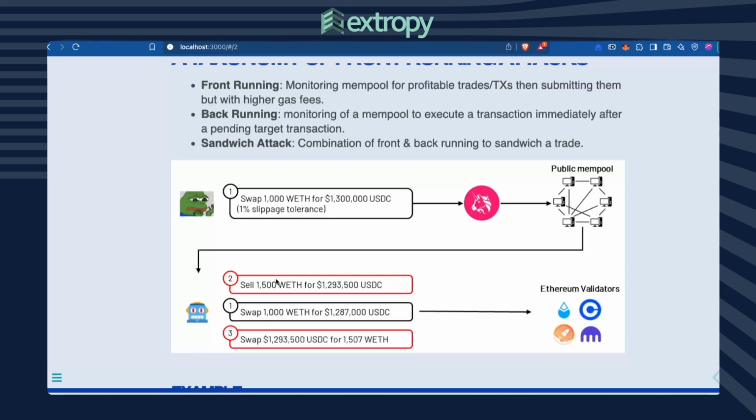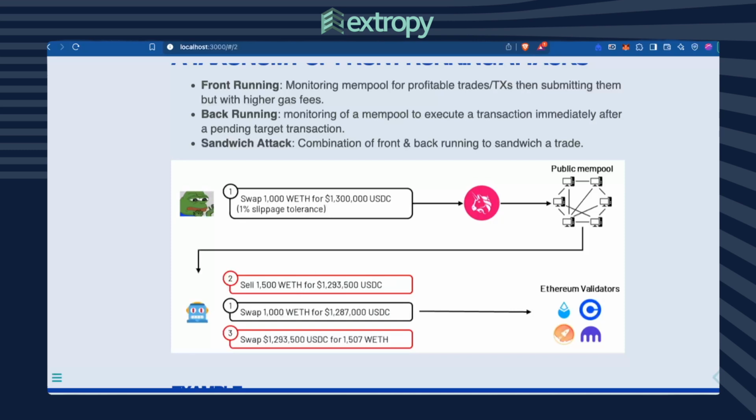And then it gets a transaction behind his, which closes out the position. So it sells some wrapped ETH for USDC, and then swaps that USDC back for wrapped ETH. You can see that this bot makes 7 wrapped ETH profit out of this, just because by putting in trades it's able to move the price.